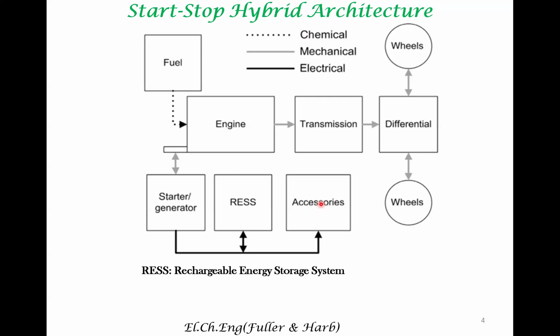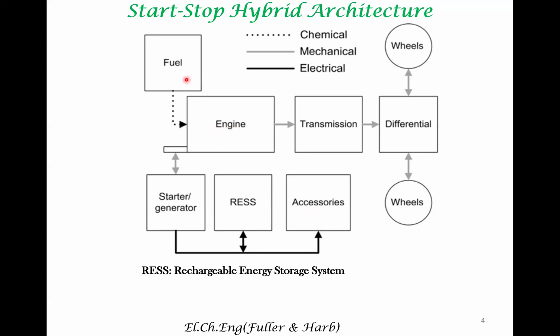So the power for doing all these things, accessories and so on, is provided by the battery. RESS refers to rechargeable energy storage system, can be just a battery. So the battery can provide power to running these accessories even when the engine is not operational.